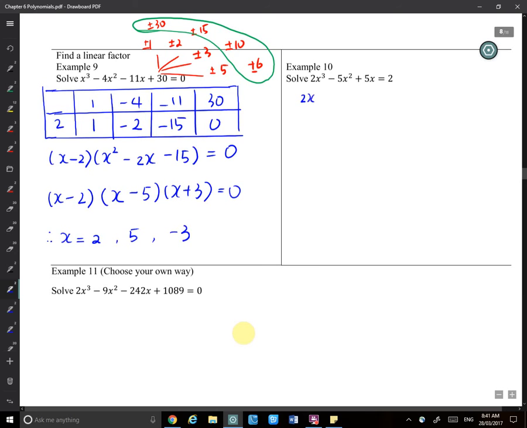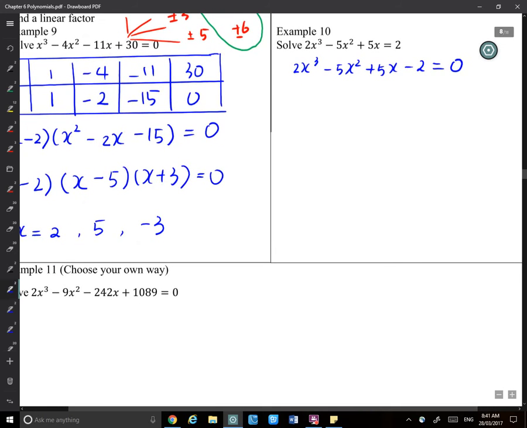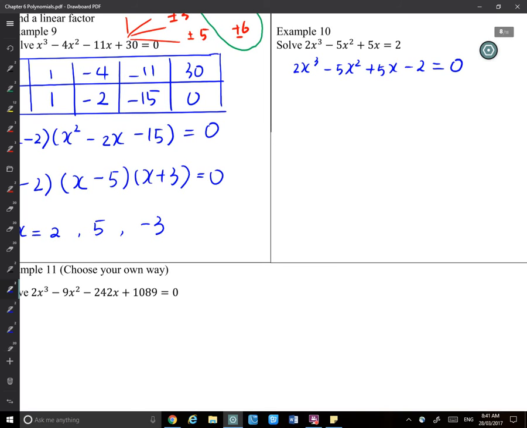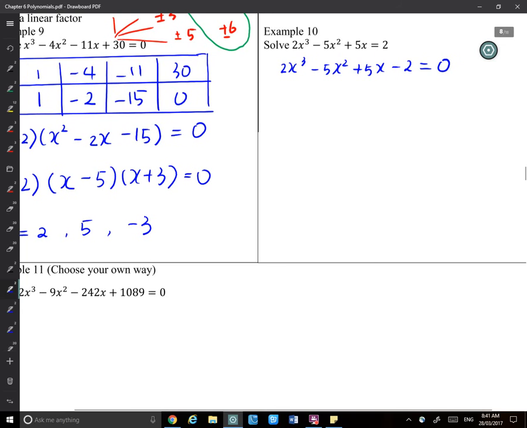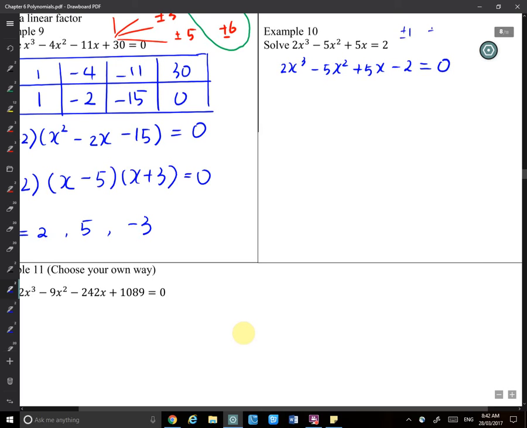So I will have 2x cubed minus 5x squared plus 5x minus 2 equals 0. We'll move the 2 to that side first, because I want to use the factor law, so I must have the right-hand side be 0. Then I can start to try plus minus 1 and plus minus 2. There are only 4 possibilities I will try.